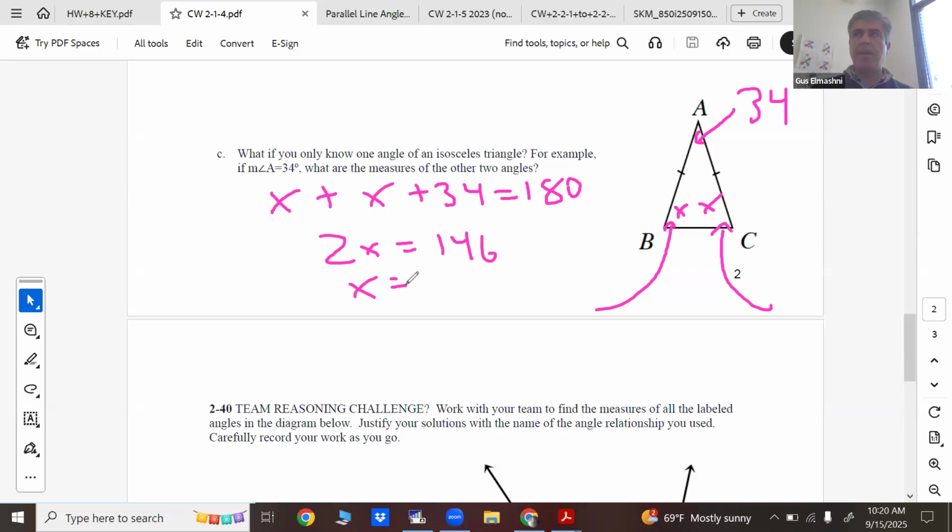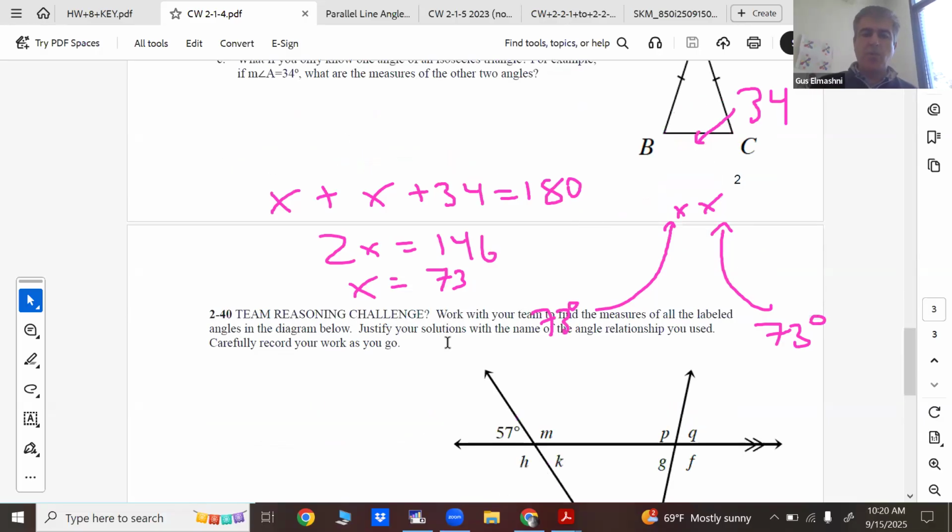Of course, you don't have to do the math in your head, but if you want, you can. And we know half of 146 is... half of 140 is 70, half of 6 is 3. So you get 73 degrees and 73 degrees. Okay, so hopefully that's fine. No issues there with doing the calculation.